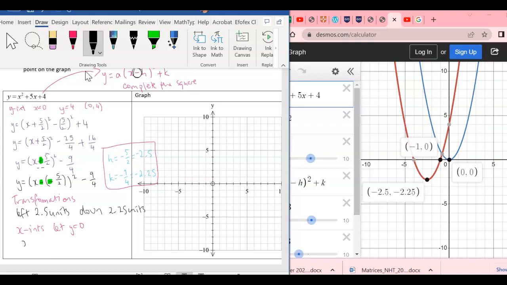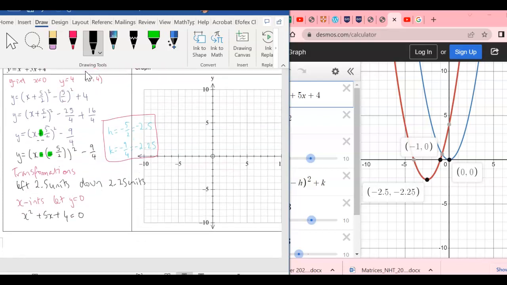So we're going to have x squared plus 5x plus 4 equals 0. And this is where you use your null factor law. So first of all, we just need to factorize it. You can use the quadratic formula if you want to, but this is quite an obviously easy one to factorize.